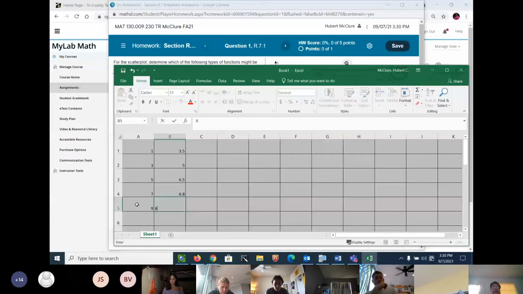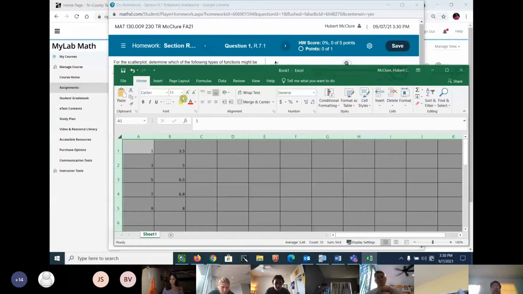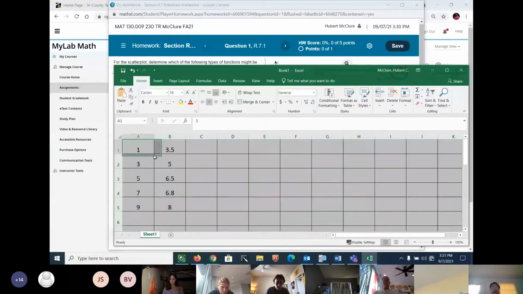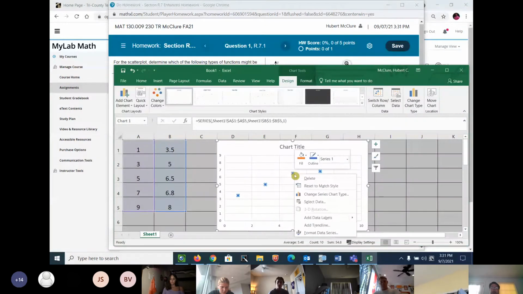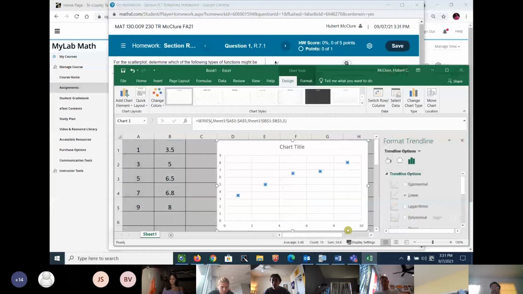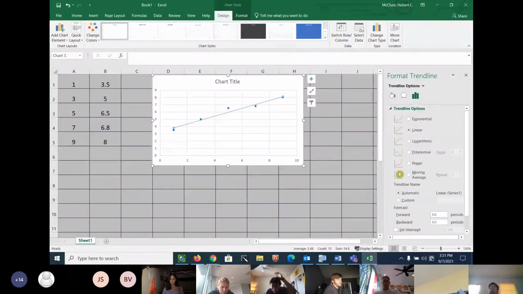Let's highlight those and make them a little bit more visual. Highlight that, insert, and we'll do a scatter plot. I'm going to right click, add trend line, and let's look at the trend lines to see which one fits best. That's linear.